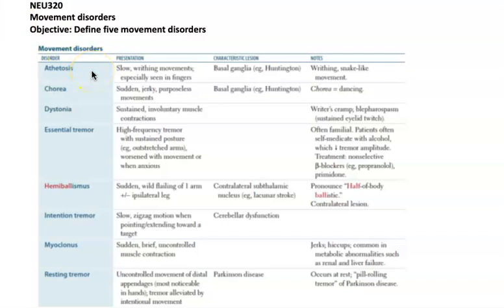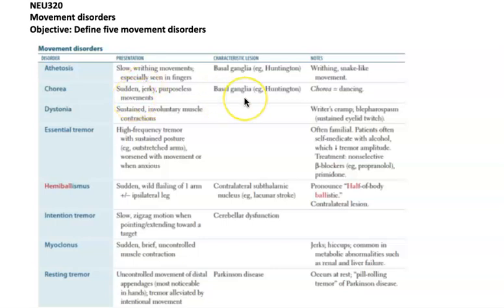And so when we think about these different issues with movement, recognizing that the disorders that are associated with them may not be the full expression of just one movement issue.